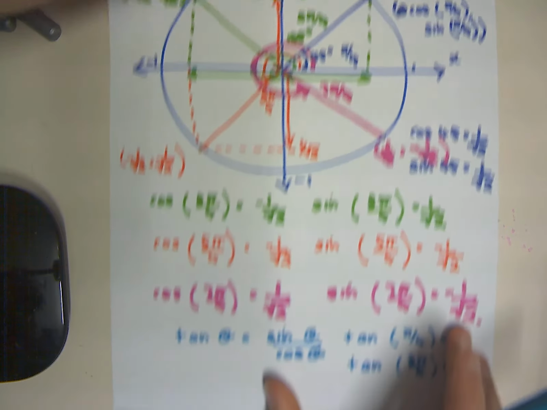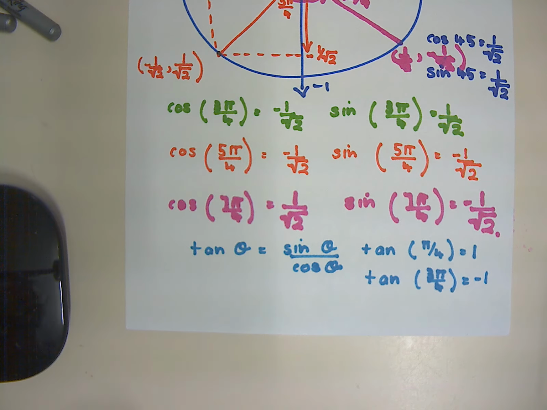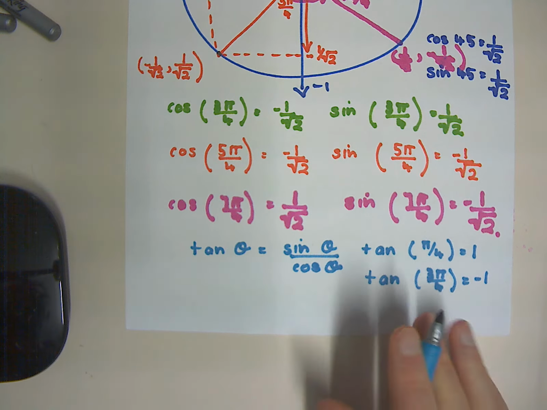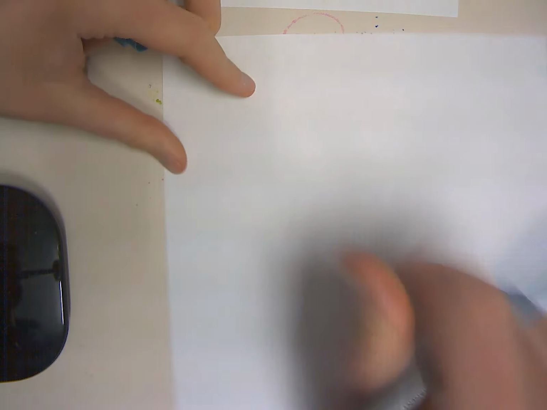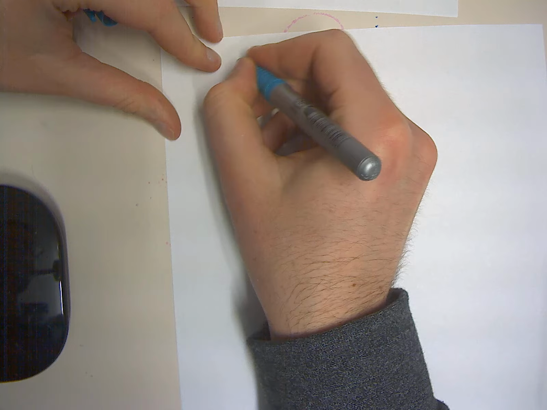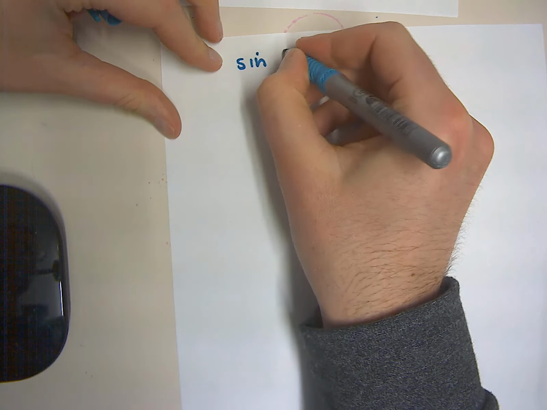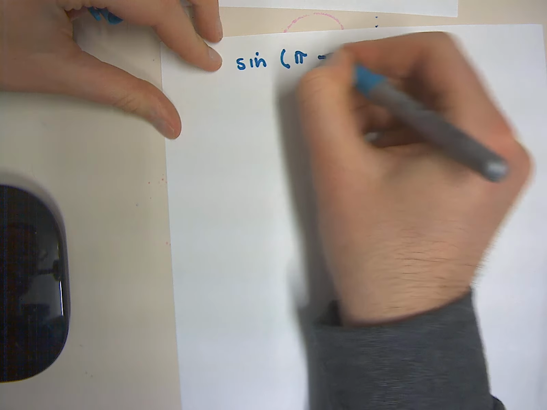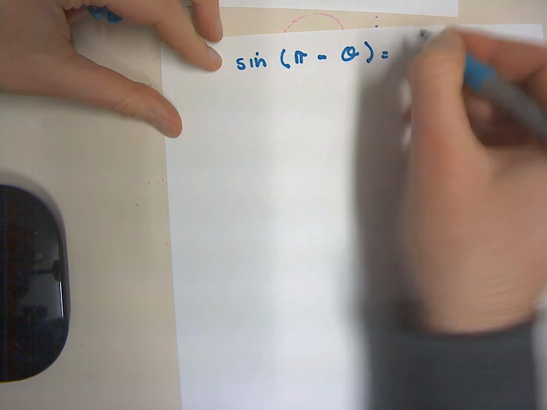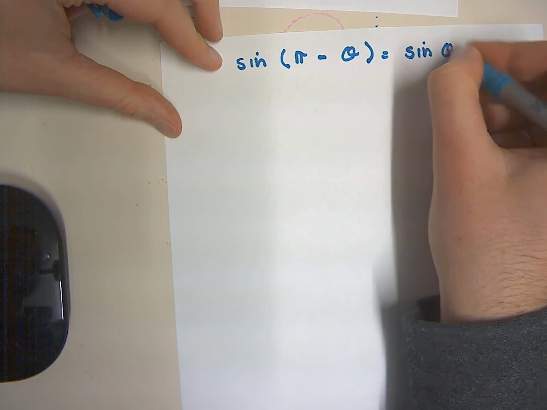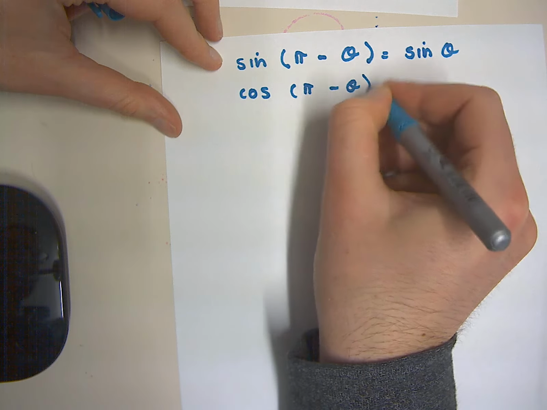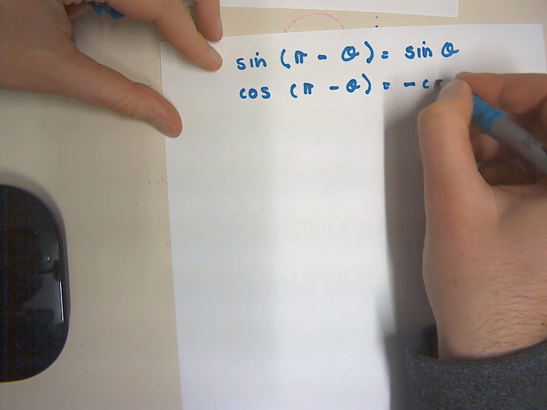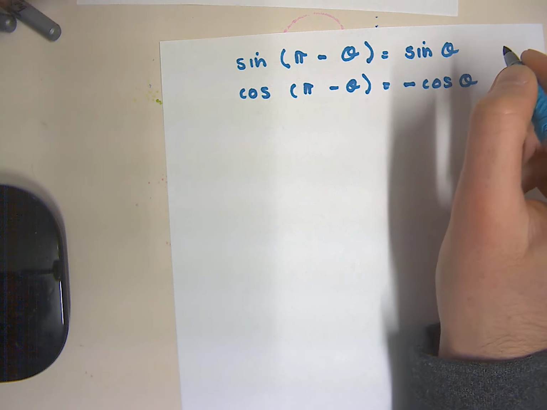So what that means we can say, I'll actually bring this sheet in. So we can say that the sine values are the same, so sine of pi take theta is equal to sine theta, and cos of pi take theta is equal to negative cos theta.